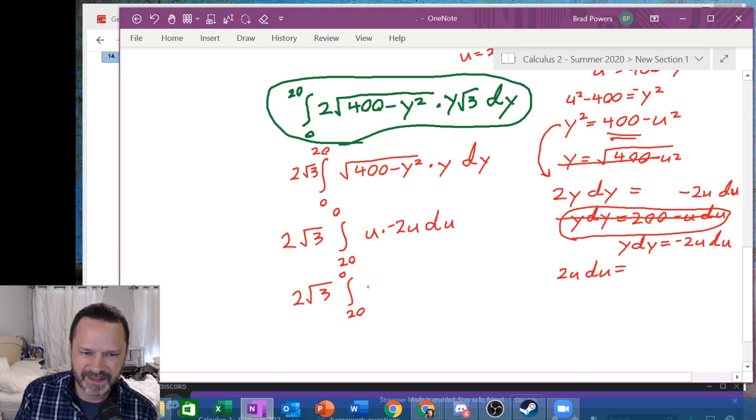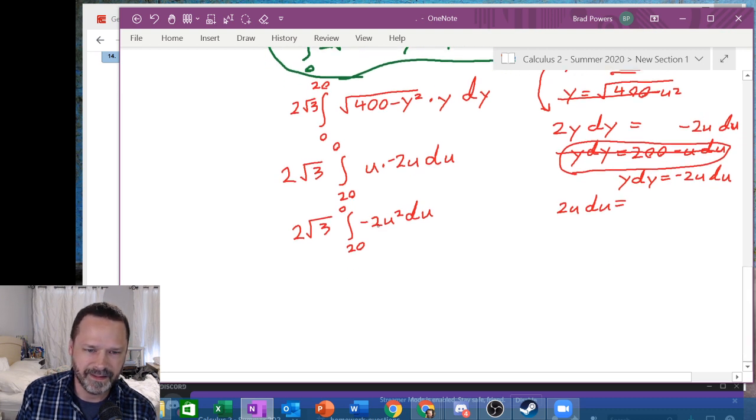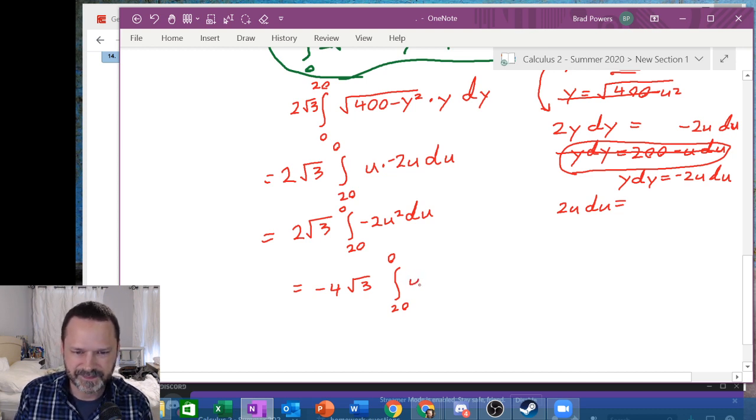Of negative 2u squared du. And let's just take that out front. So I got negative 4 root 3 times the integral from 20 to 0 of u squared du.